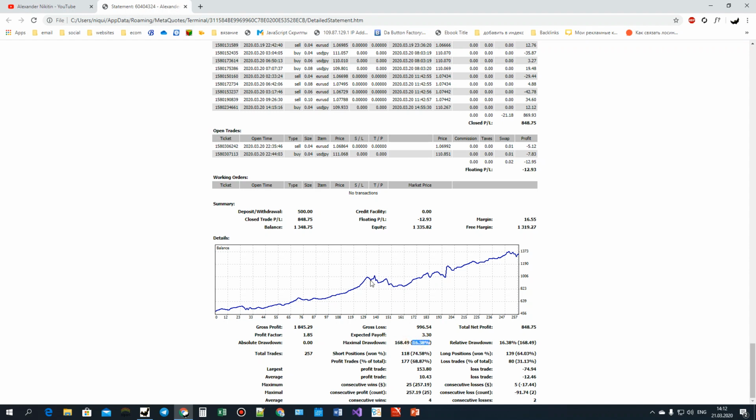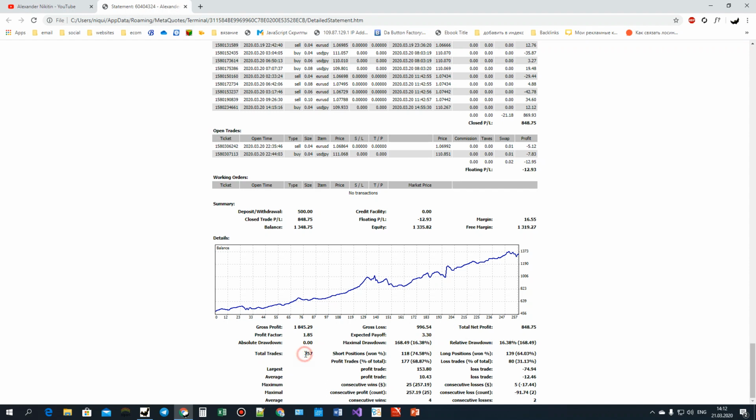If my account were 5,000, using the same position size, the drawdown would be slightly less. Okay, relative drawdown is the same.